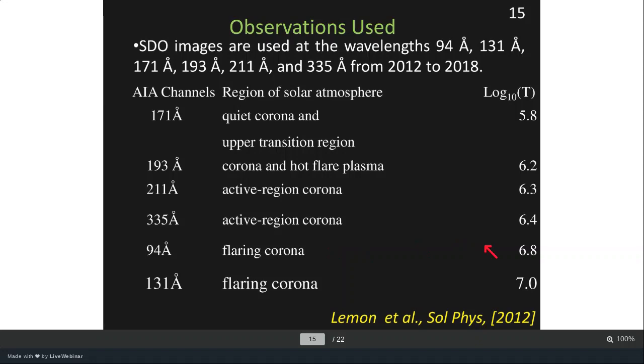And finally, 131 angstrom observations belong to the flaring corona, and its corresponding temperature is about 10 to the power 7 Kelvin. So in these wavelengths, we can see that the temperature is increasing. So finally, we have to see what happens to the rotation period with respect to the increasing temperature of the solar corona. And this table is taken from Lemen et al.